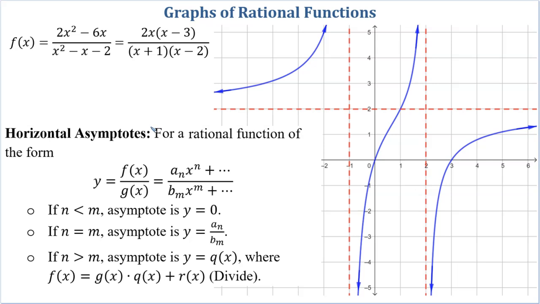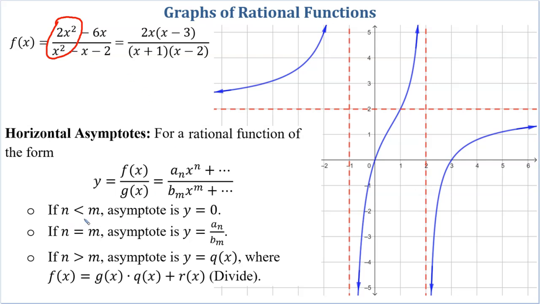Just like with polynomials, we're only going to look at the first terms of the numerator and denominator. Those will be the ones that really take this function over as we move to the left and right. And we're going to think of it as a tug of war between these two terms and their degrees.